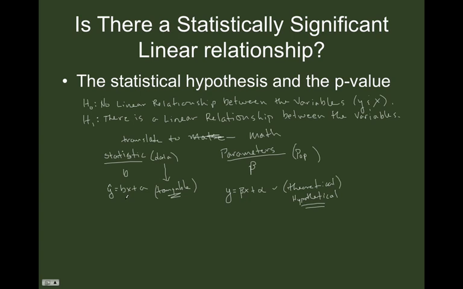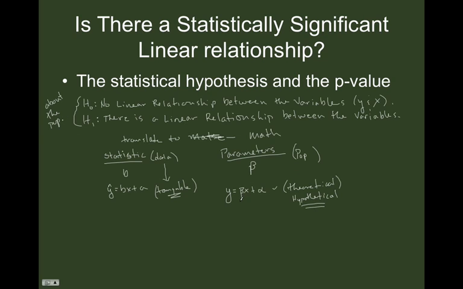B, we can always calculate. Now, when we're talking about the hypothesis up here, this hypothesis is about the population, not about the data. The hypothesis is always about the population, okay?